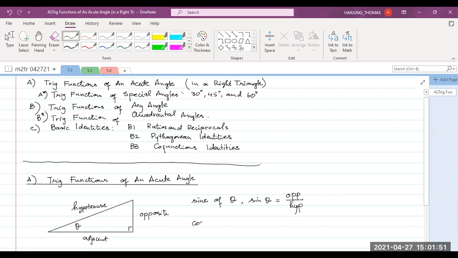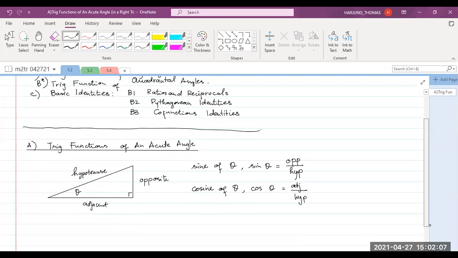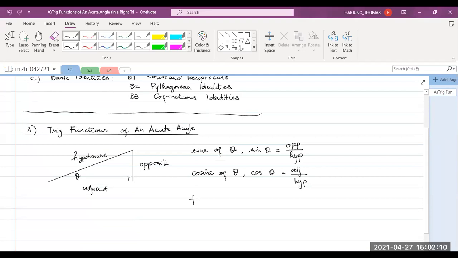Cosine of theta is defined to be adjacent over the hypotenuse. Now, tangent of theta, denoted by tan theta, is defined as the opposite of that angle theta over the adjacent.